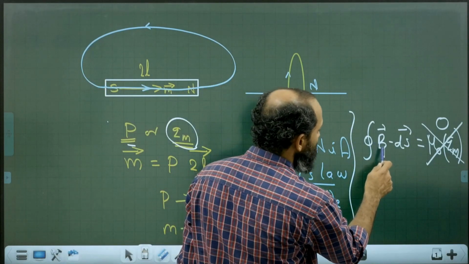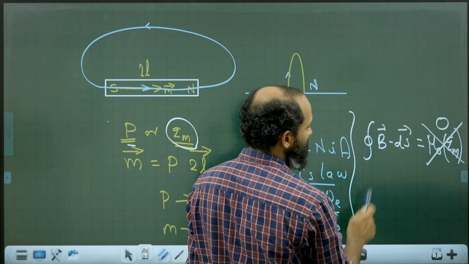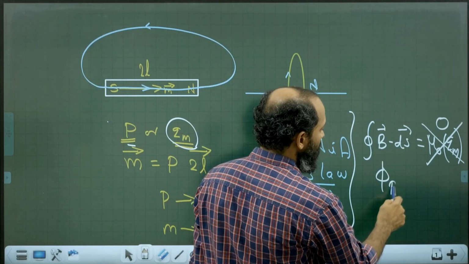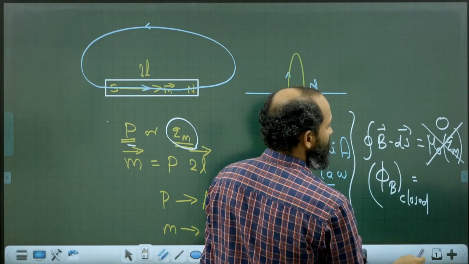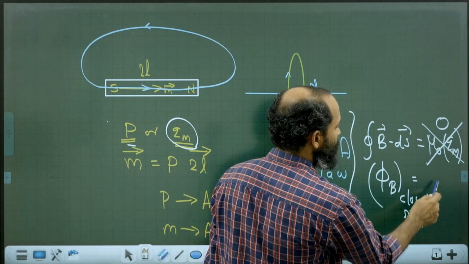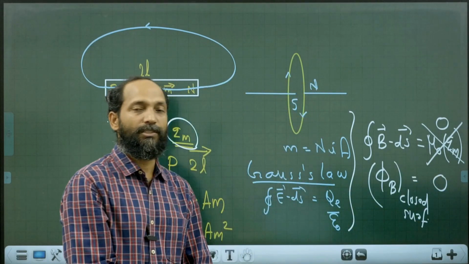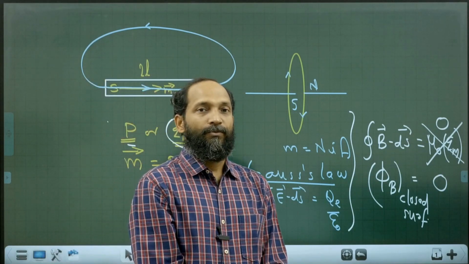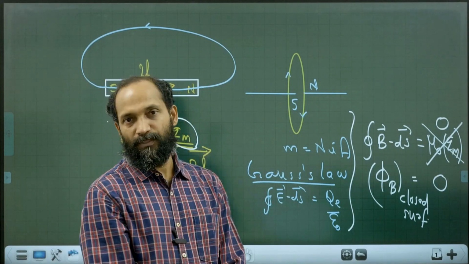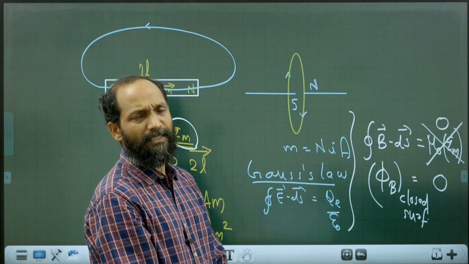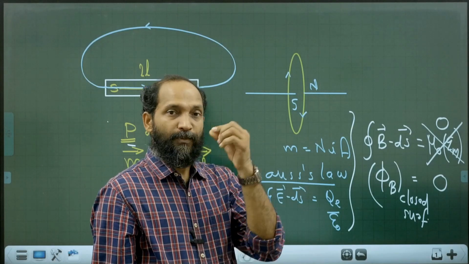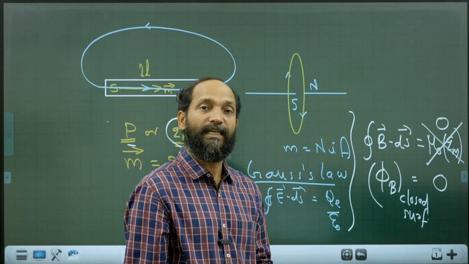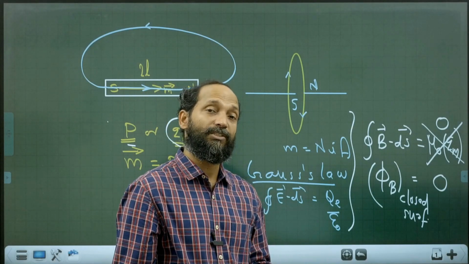Left hand side says that the total magnetic flux through any closed surface is going to be 0. That is Gauss's law in magnetism, which is the clear evidence of no magnetic monopoles. So in magnetism, there are only dipoles, no monopoles. But in electricity, there can be monopoles as well as dipoles.